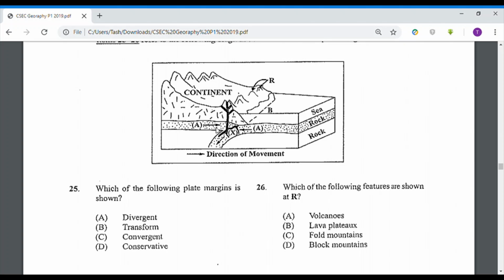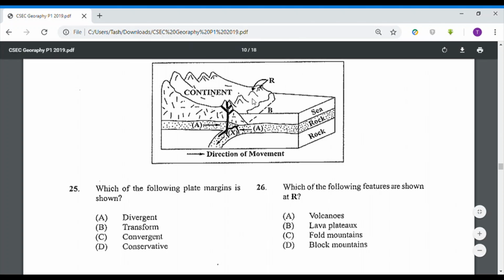For 26, which of the following features are shown at R? At R here we can see the elevations. They're basically in a line. Our answer for that one would have been volcanoes. At a convergent plate margin, remember that it is the entire block that is pushing towards each other.